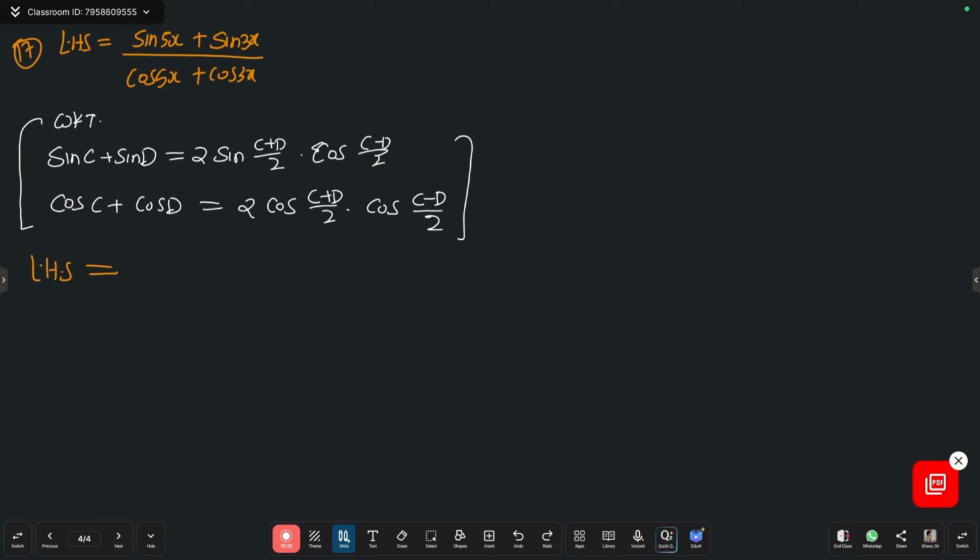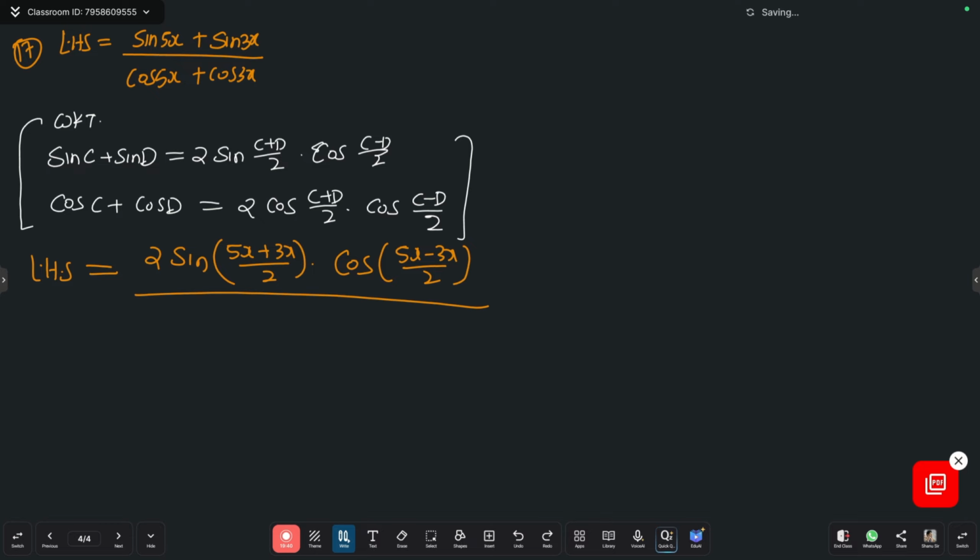Now LHS: sin C plus sin D is 2 sin (5x plus 3x) upon 2 into cos (5x minus 3x) upon 2, and the denominator is 2 cos (5x plus 3x) upon 2 into cos (5x minus 3x) upon 2.